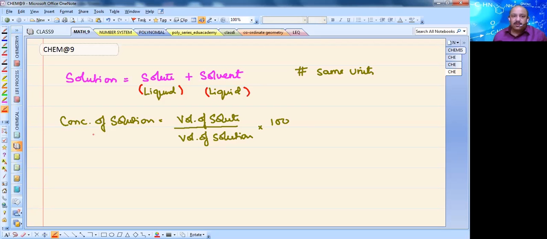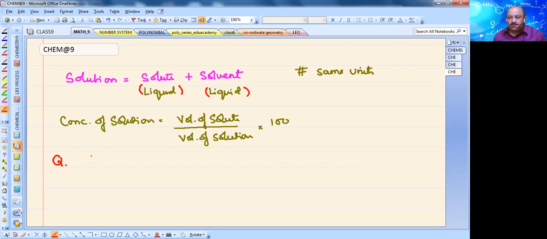So concentration of solution equals volume of solute upon volume of solution into 100. Always remember, what is volume of solution? Solvent plus solute. Now let us take one question.